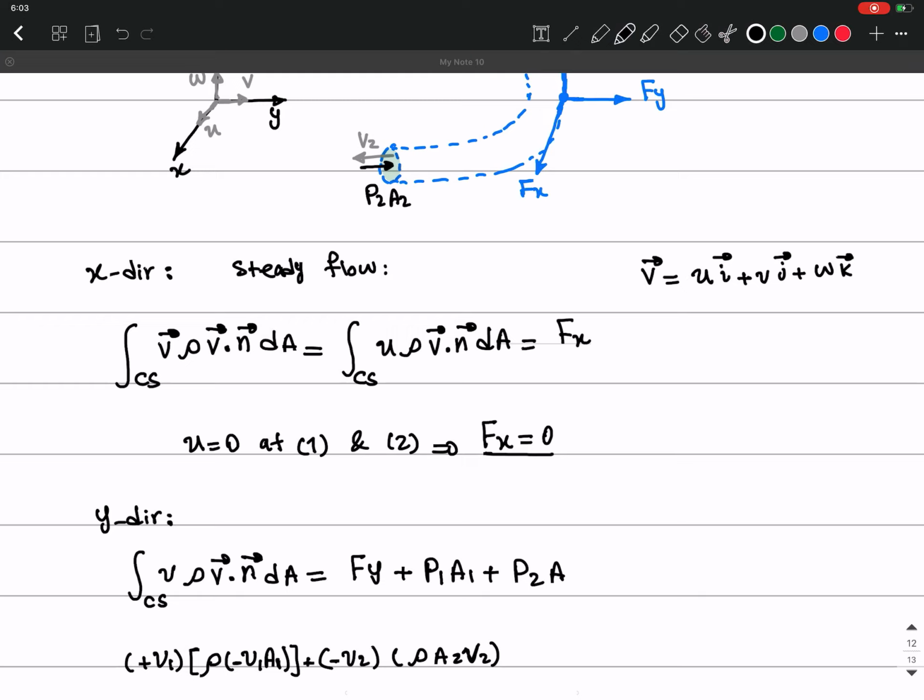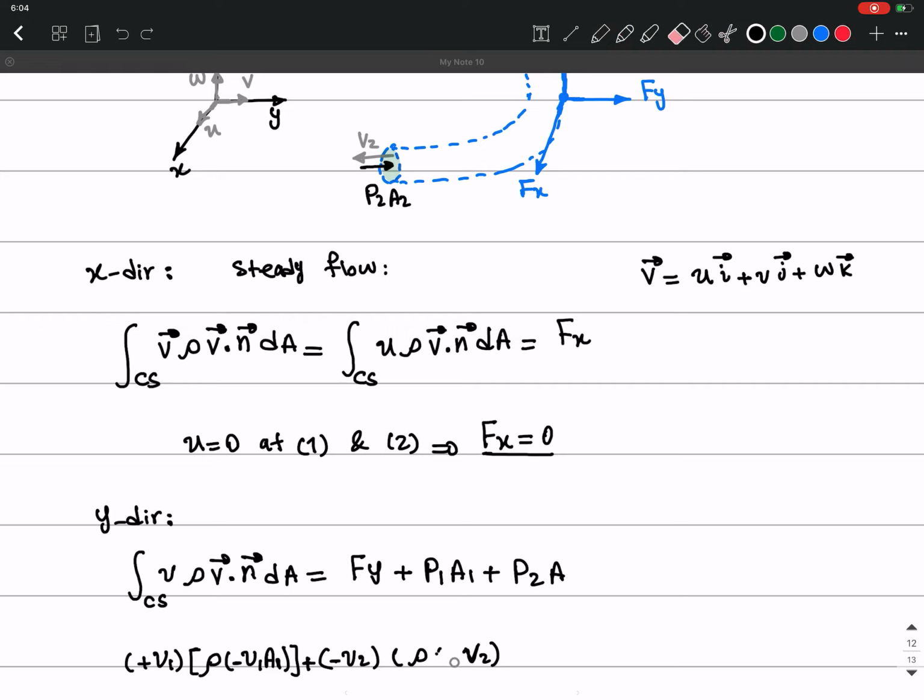And then the second term, so we have first I want to write V here, and because V is in the negative direction, as you see it here, I write minus V2. And then because V2 dot n, which is this term, when I write it down, n is in the positive direction, and this is an outflow, so this has to be positive, okay?